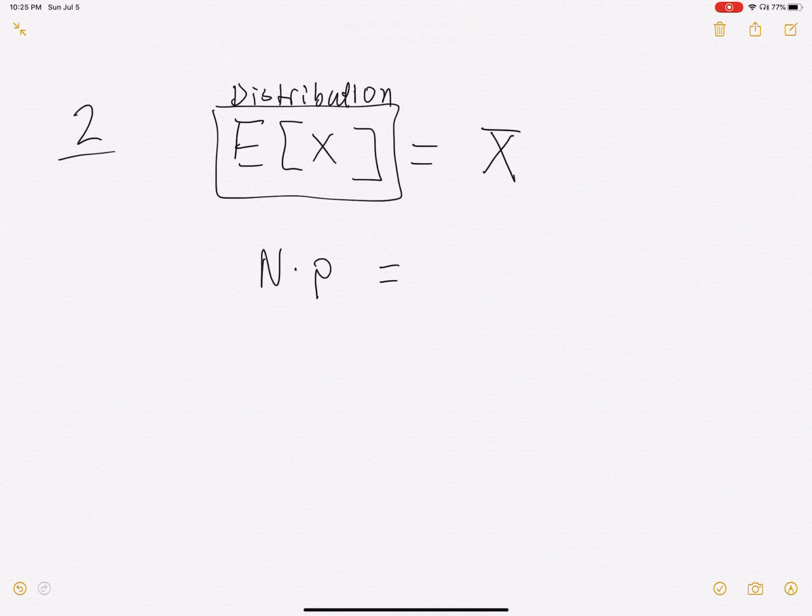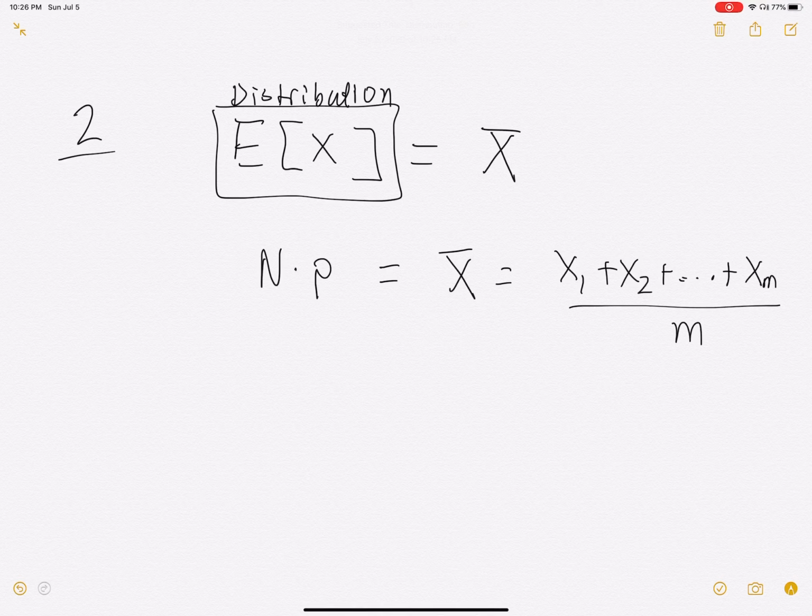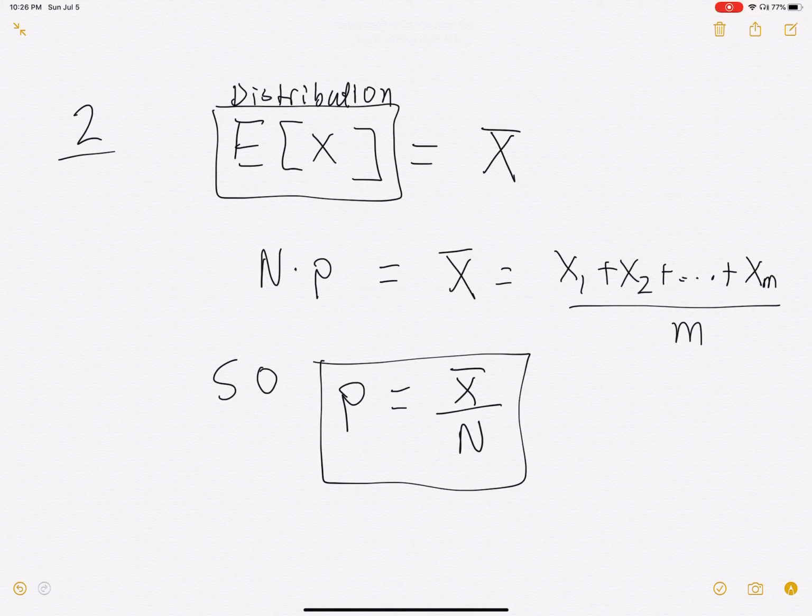And x bar, that's the average of the observations, is going to be x1 plus x2 plus x sub m divided by m. So our estimate for the unknown probability of success, p, is going to be x bar divided by n. Now we'll label that as our estimate by putting a hat. That's our estimate.